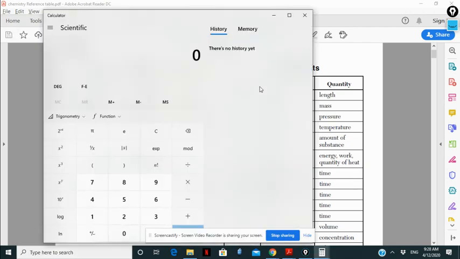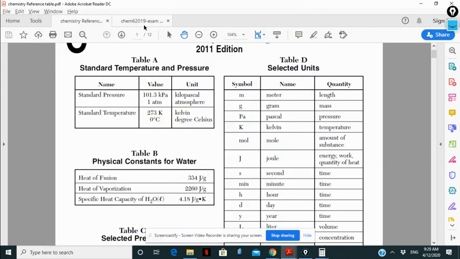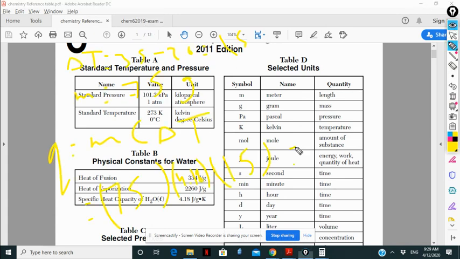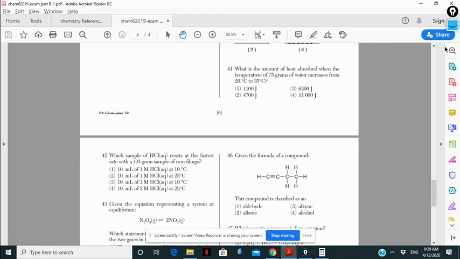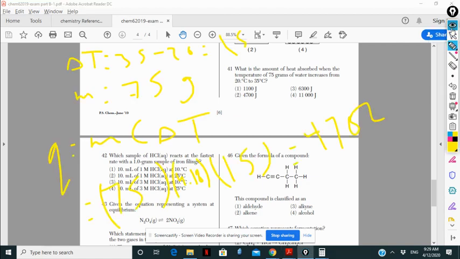So 75 times 4.18 times 15 gives me almost 4,700 joules. Now I'm looking at the answers over there. The one that's closest to 4,700 is number 2. So 41 is 2.